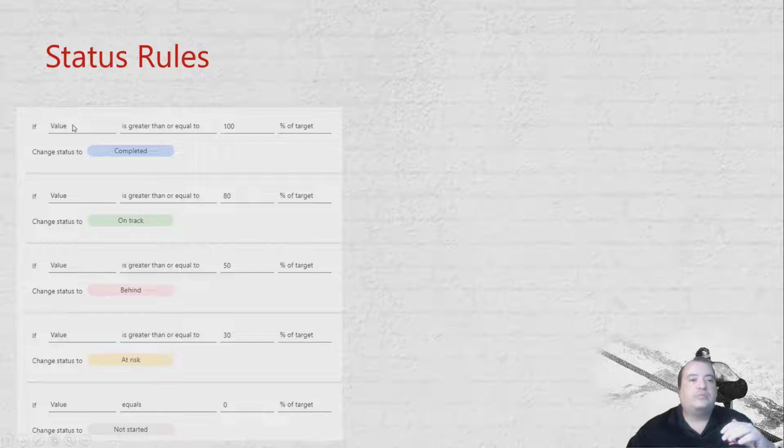I have not created any of these rules with multiple conditions. I could create a rule with multiple conditions. Each rule results in a status. If the rule is met, this will be the status for that check-in. So the status rules define the status for a check-in. The rules are processed in order.